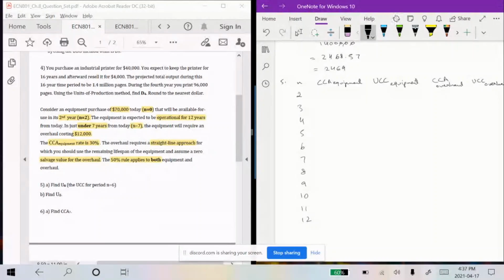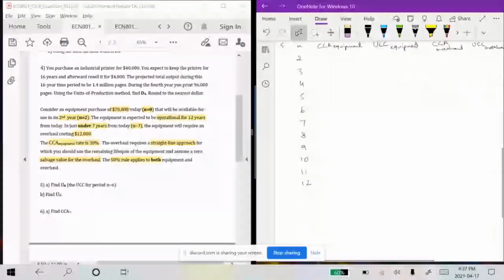Right. So the way you calculate CCA is you just multiply the initial purchase cost with the rate. For the first one, it would be 70,000 into 0.3. But here they told us to apply the 50% rule.